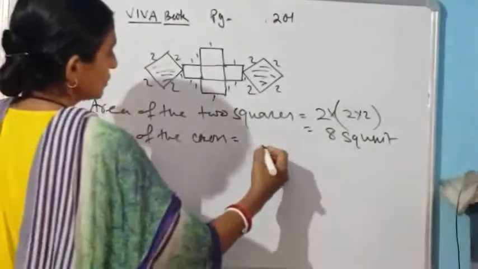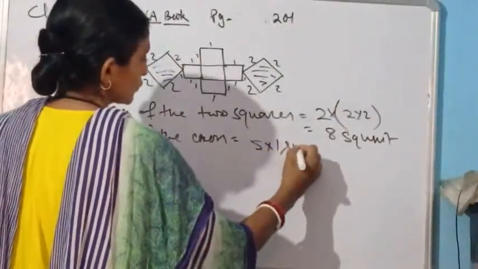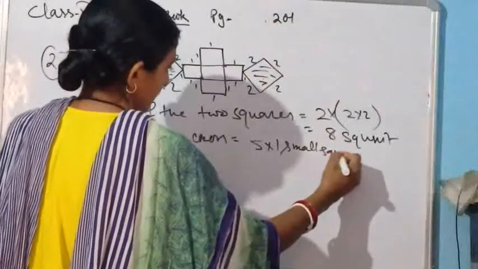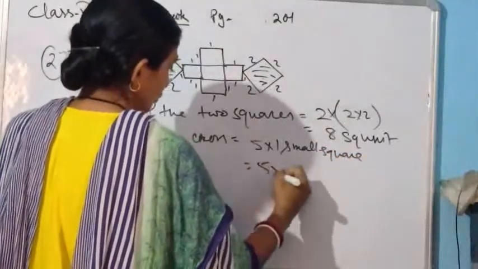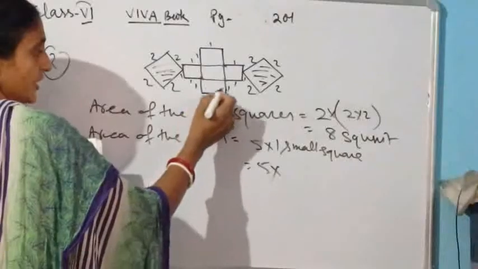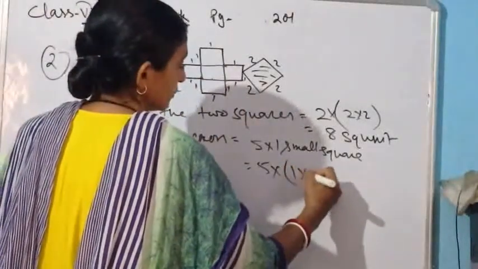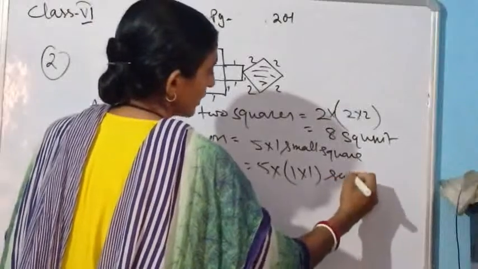So that is equal to 5 into 1 small square. What is the area of one small square? See, each side has been given 1 unit, so one small square is equal to 1 into 1 square unit.